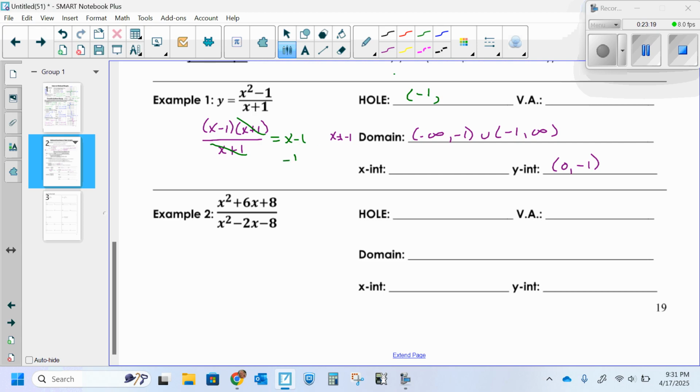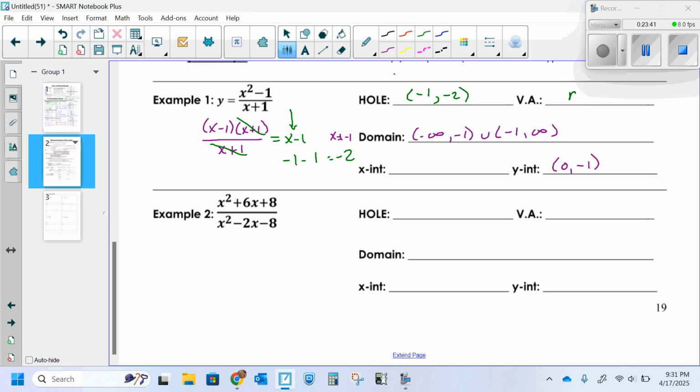Plug it back in to the simplified equation, which is x minus 1, and you get a -2. So on your graph, when we eventually graph that, you're going to put an open circle at that point because there's a hole there. There's a point of discontinuity there.